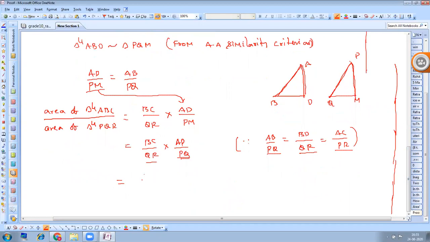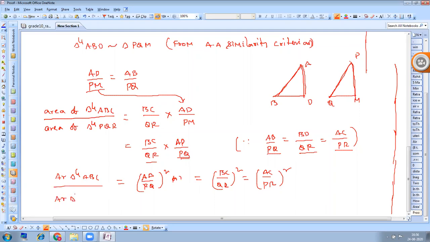From here I can write AB by PQ whole square, or BC by QR whole square, or AC by PR whole square. Any ratio is possible because all represent the same. So this is the area of triangle ABC divided by area of triangle PQR. This is the only required proof for us.